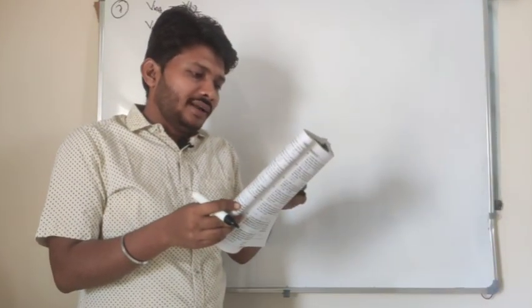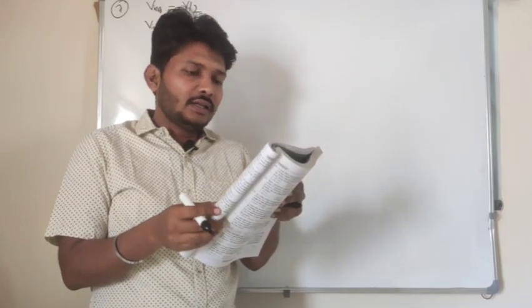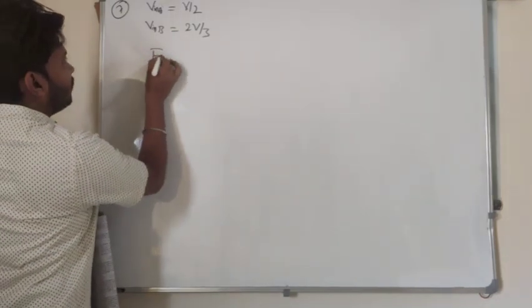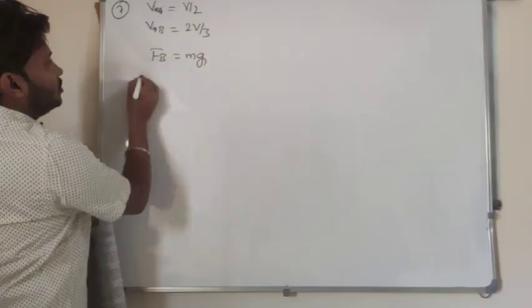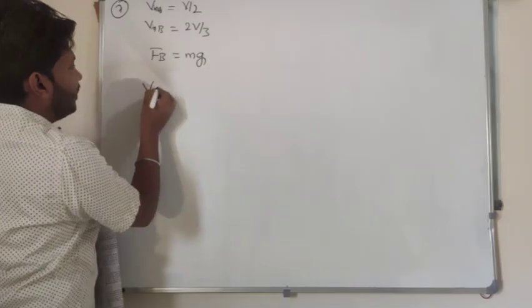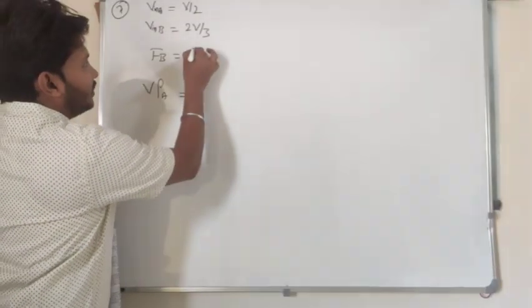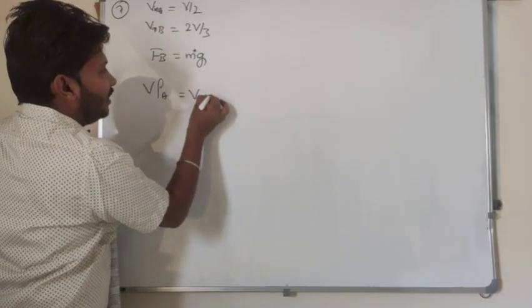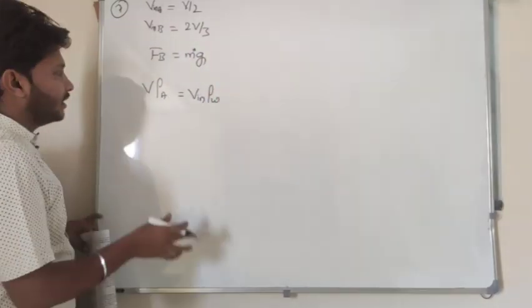Then the ratio of their density is asked, so I want to find out the density of body A as well as the density of body B in terms of ratio. From buoyant force, F of B is equal to M into G, right? The force, with mass written as volume into density, is equal to the volume inside into the density of the water into G, the acceleration due to gravity.